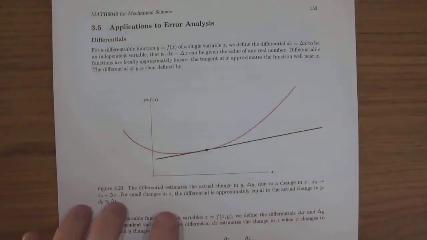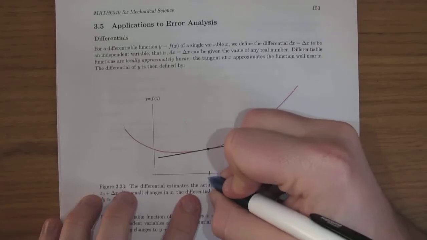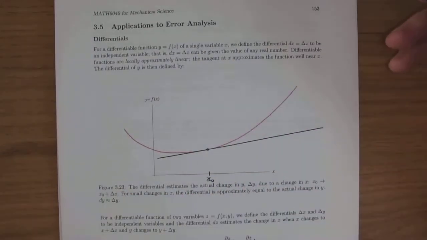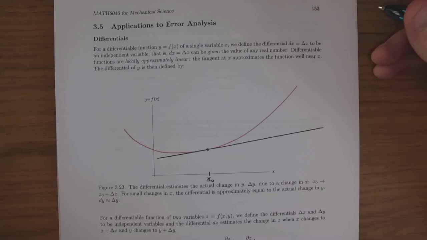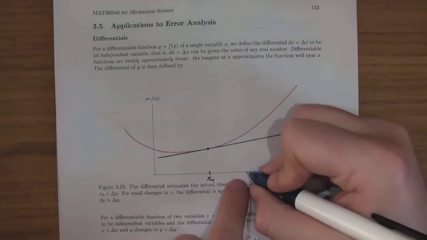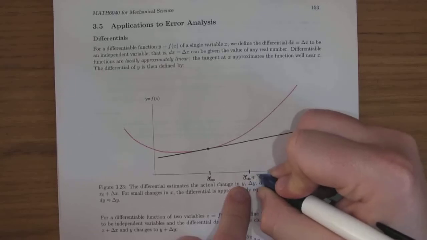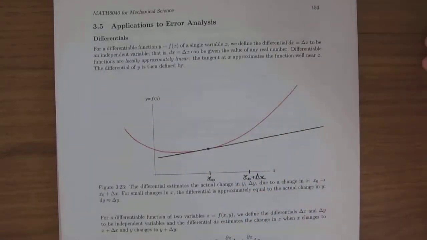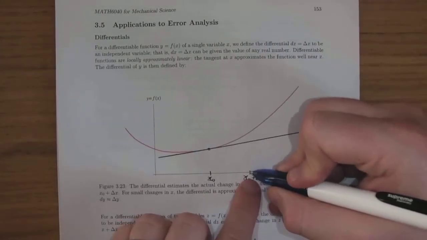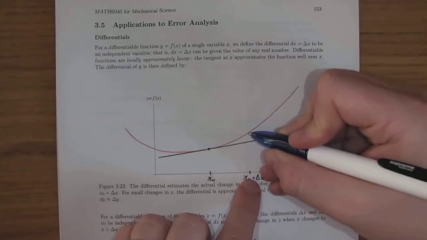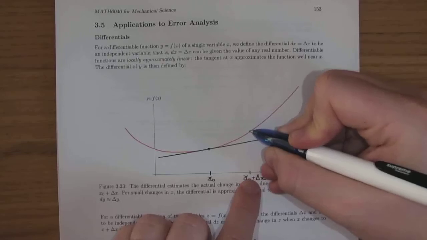So this is the point x0, and we're going to move over to x0 plus delta x. Now this is going to cause a change in the value of the function.